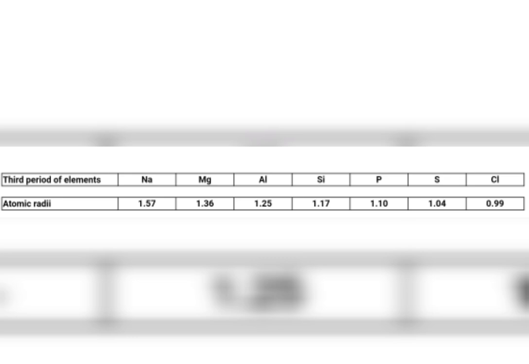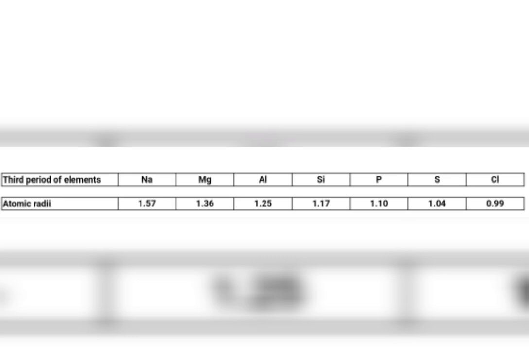Then, what are the atomic radii? The atomic radius of sodium is 1.57. Atomic radius of magnesium is 1.36. Atomic radius of aluminum is 1.25.